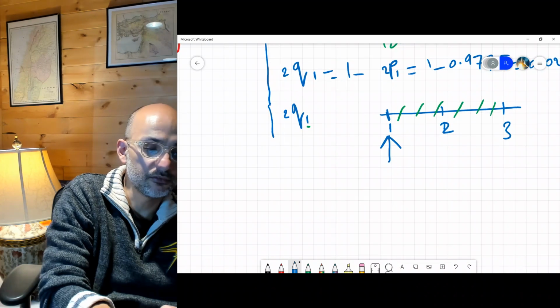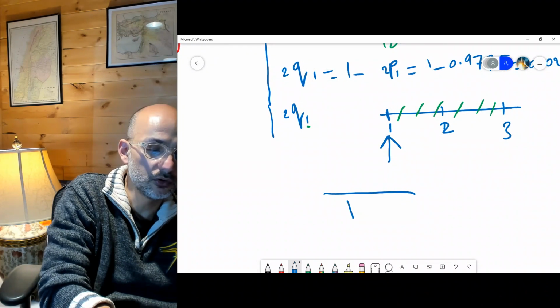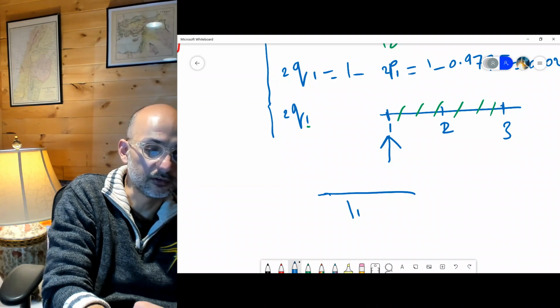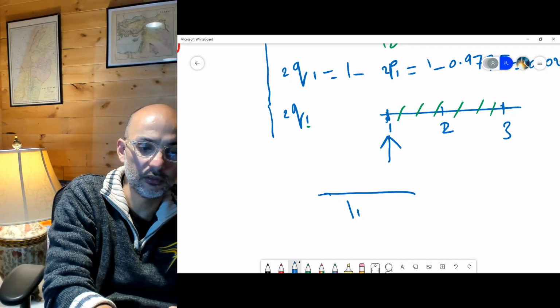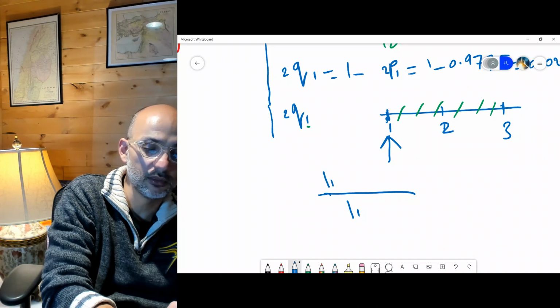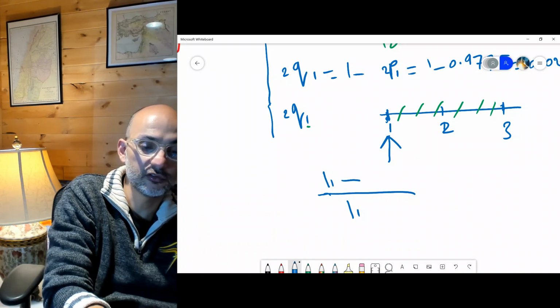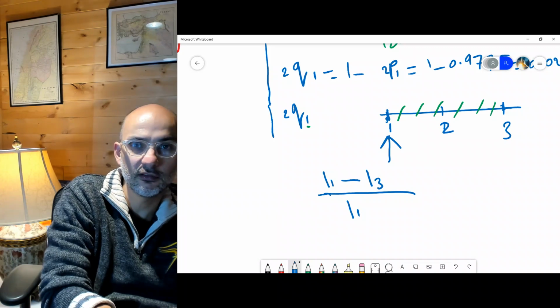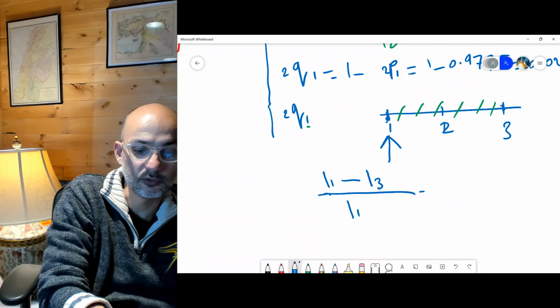Because the year of evaluation is where we start, it will go L1, and we need the deaths here. So you look at the cohort we started the period with, and you subtract those who survived to 3. That tells you the deaths, which gives us the mortality rate.